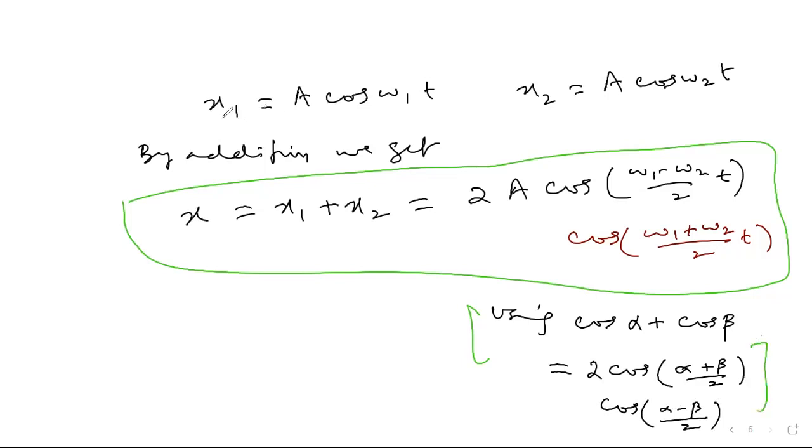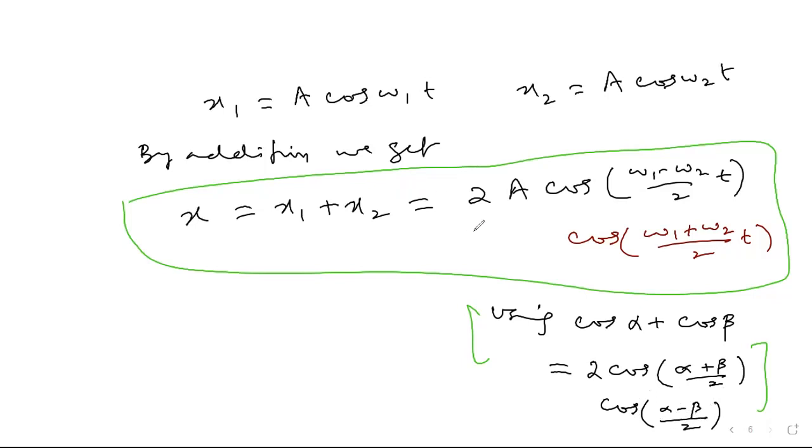I'm saying by addition we get resultant displacement x is x1 plus x2. We substitute for x1 a cos omega 1t, for x2 we substitute a cos omega 2t. Then we use this formula. You can take a common. Then we use cos alpha plus cos beta is equal to twice cos (alpha plus beta) by 2 times cos (alpha minus beta) by 2.